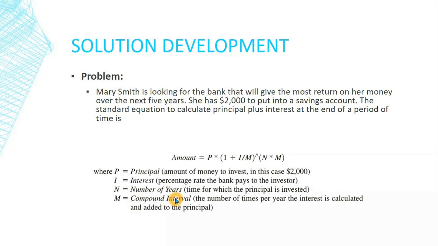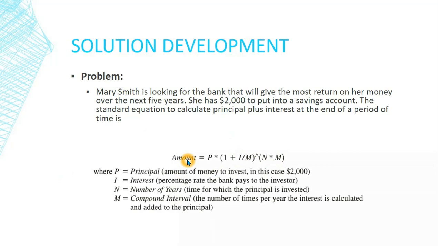It's how many times a year the investment or the profit will be added to the original amount. So it can be 2, 3, 4 times a year. So الانفستمنت rate divided by اللي هو الام to the power n اللي هو number of years multiplied by m.